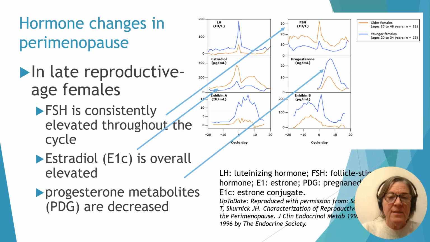So I apologize, it's a little bit of a busy slide, but this is looking at late reproductive aged females, which are shown in the yellow-orange, and younger females shown in blue. And what we see when we compare is that the top right graph is the FSH levels. So those are consistently elevated throughout the cycle in the older reproductive age women.